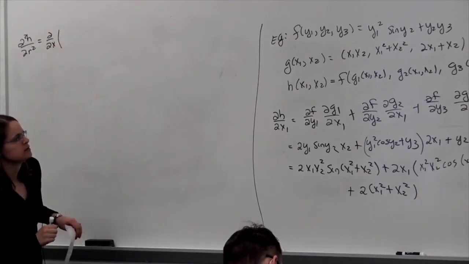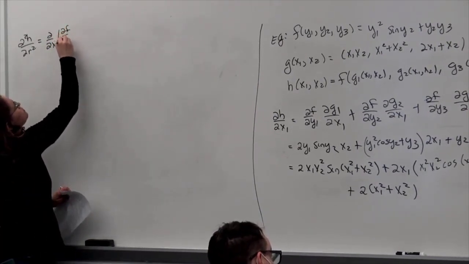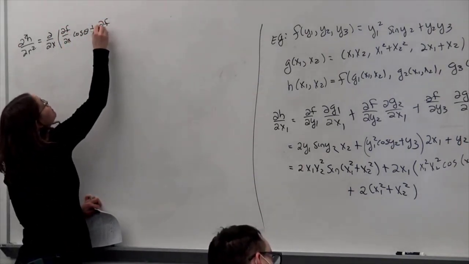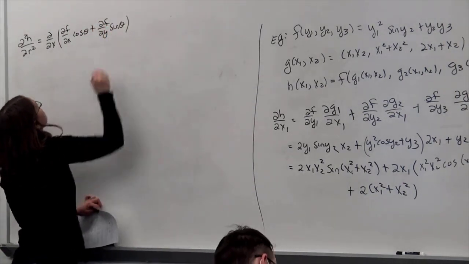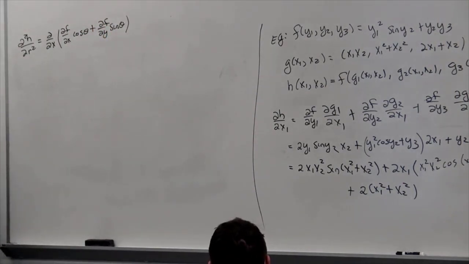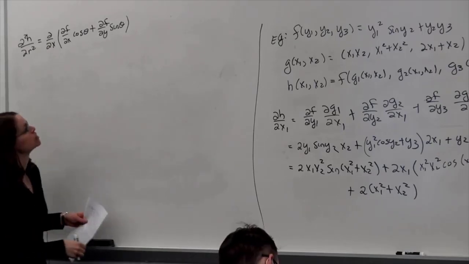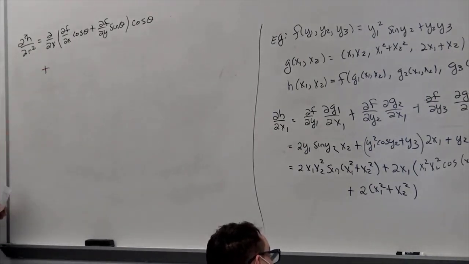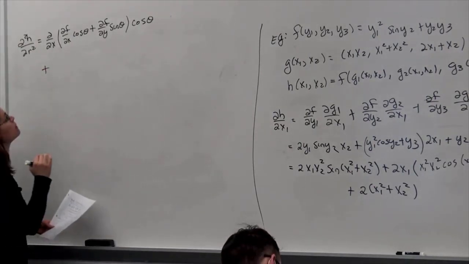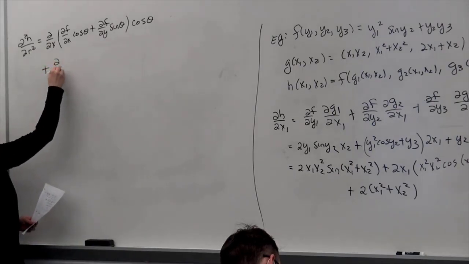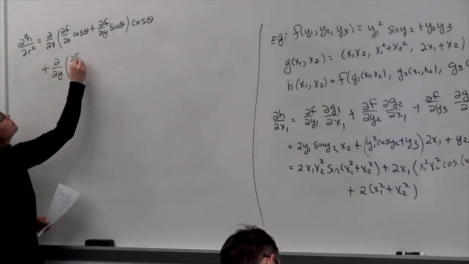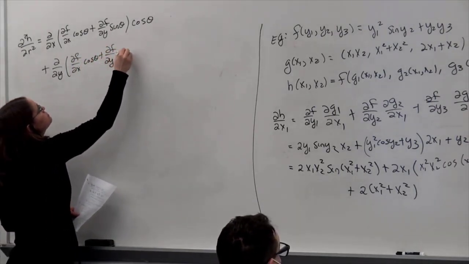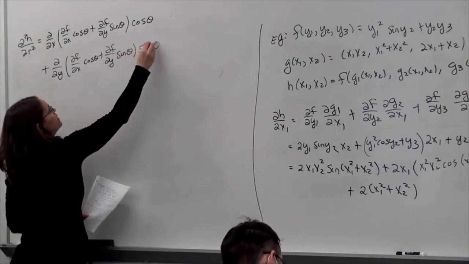of all of that plus df/dy sine theta times the derivative of x with respect to r, which is cosine theta. Okay, and then the y derivative of all of this, times the sine theta.